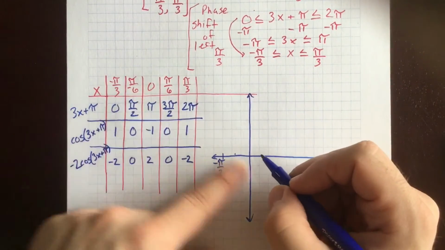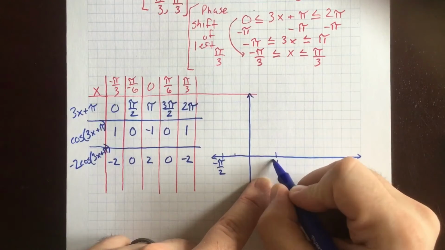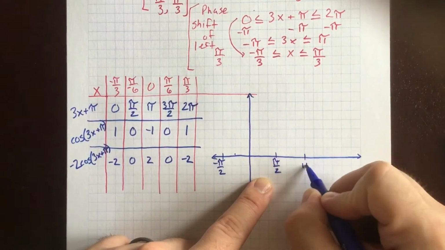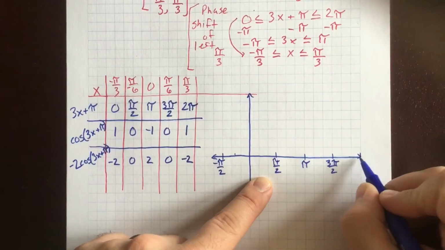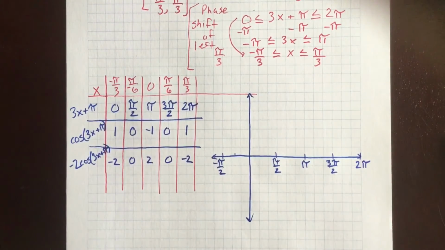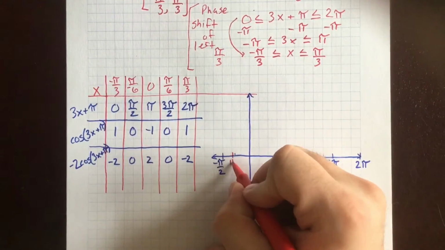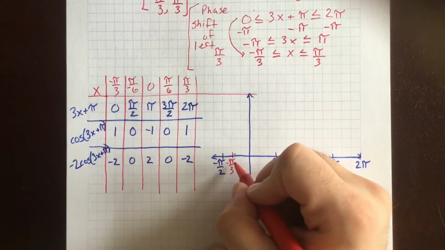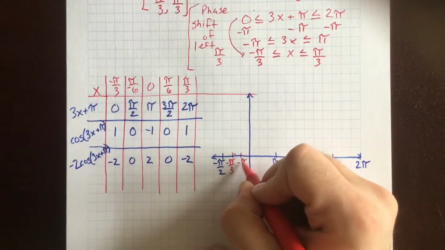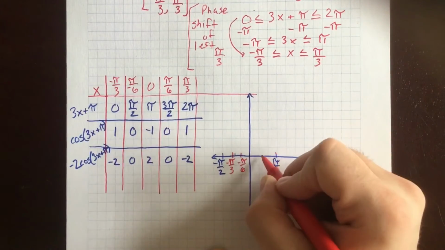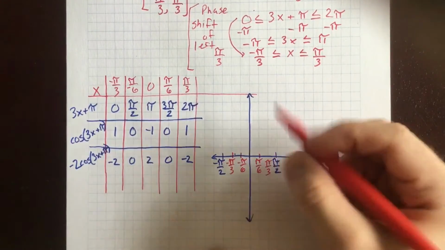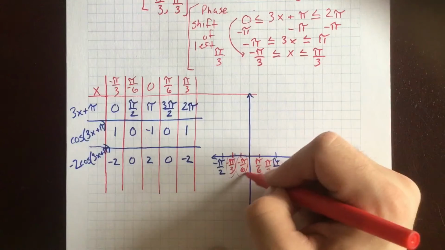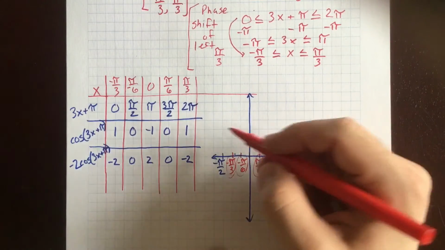And then that'd be 0, positive pi over 2, pi, so every 3 spaces, 3 pi over 2, and 2 pi, just enough room. So we write down negative pi over 3. We need negative pi over 6 too. We need 0. We need positive pi over 6 and positive pi over 3. So right there are the 5 values.